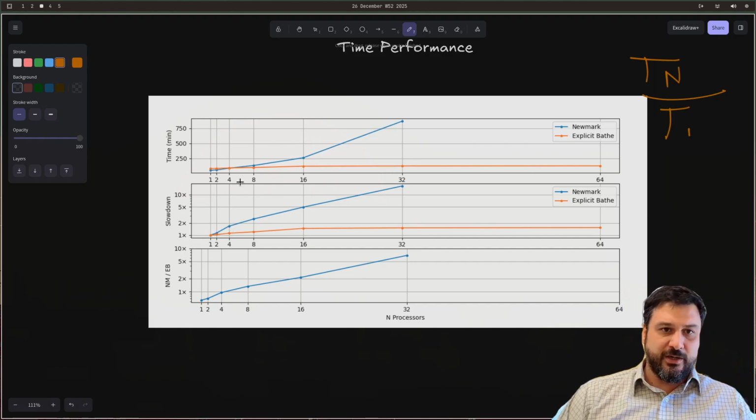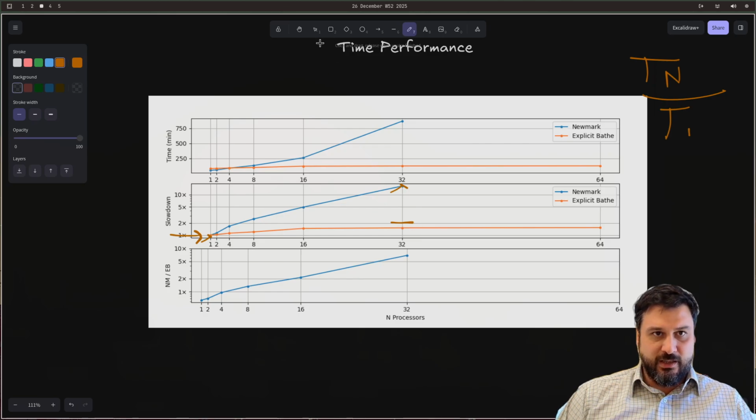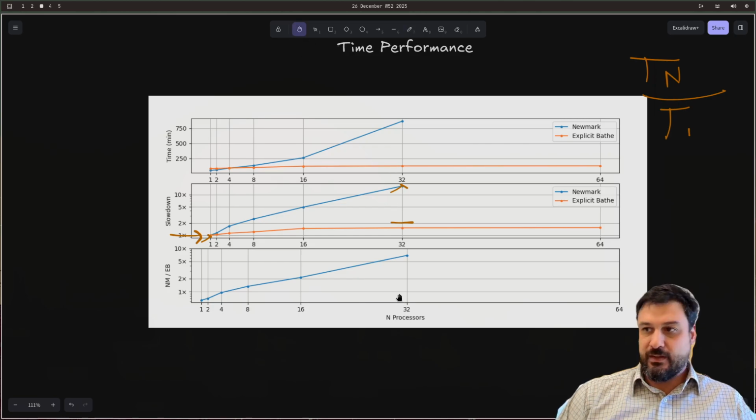Right, and you can see Newmark is just blowing up in terms of slowdown. It's beyond 10 times slower than what it started, whereas explicit methods is less than 2. There's some performance hits, but basically it's running really fast with explicit.